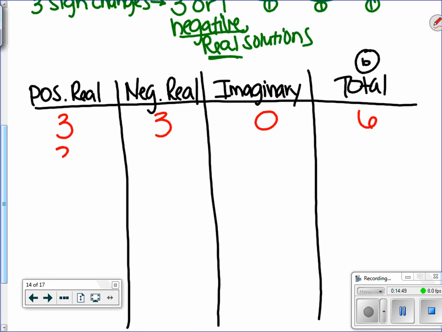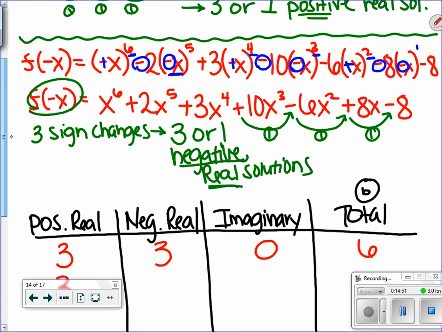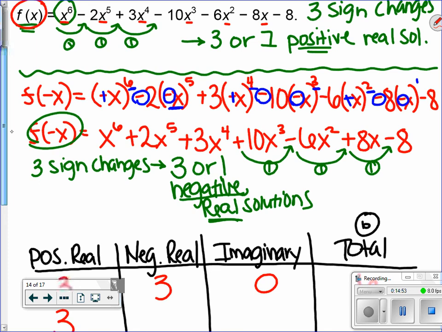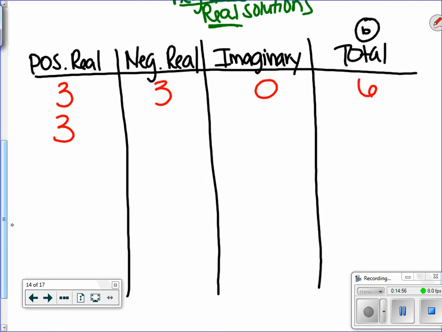Okay, there could be 3 positive real solutions, but then there could also be one negative. So that combination would be 3, 1. Now 3 plus 1 is 4. To get to 6, that means that there's going to be 2 imaginary.